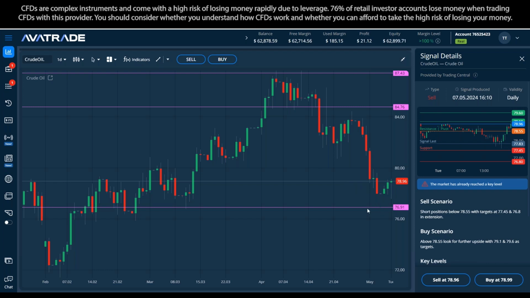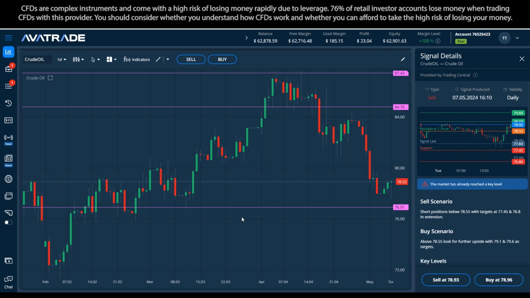If we're looking from a fundamental perspective, there could be reason with fears in the Middle East why crude oil could go up as well. So if you feel like fundamentally it makes sense to buy here, and technically on the one-day candles, that's a nice bounce off of a support level, a longer term move here, and I call it longer term because we're not trading off of the 30-minute candles or the 1-hour candles.